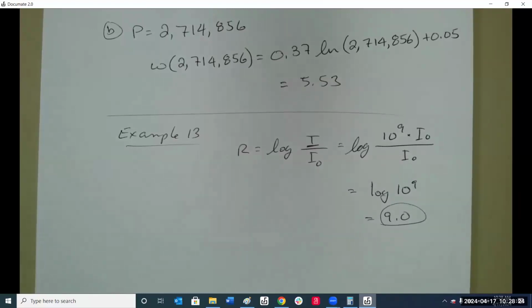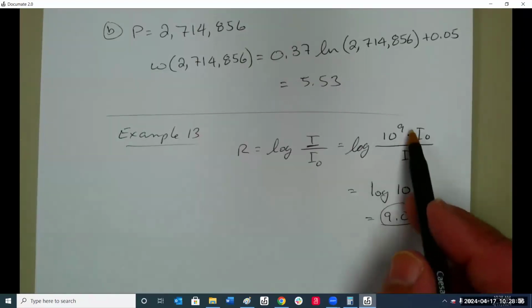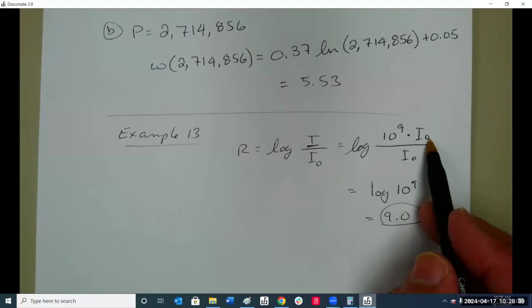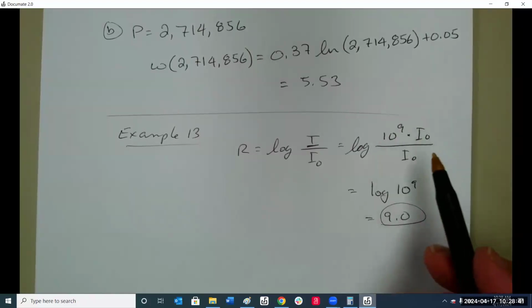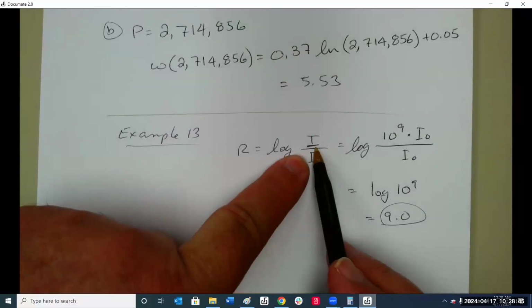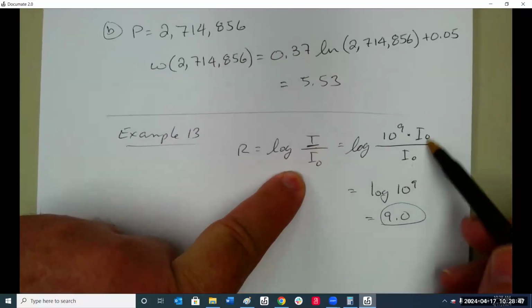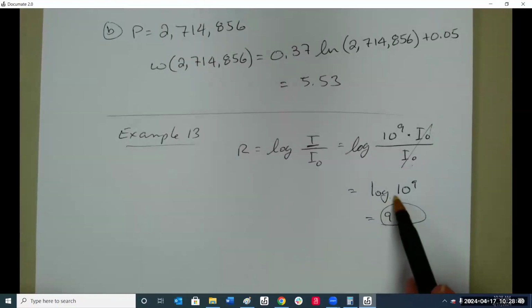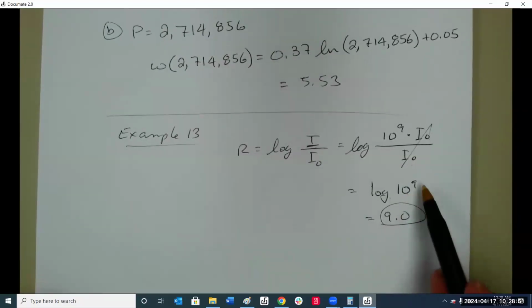It said the undersea Tohoku earthquake and tsunami near the northeast coast of Honshu, Japan on March 11, 2011 had an intensity of 10 to the 9 times I0. That's the intensity of that earthquake. So plug that into the formula, divided by I sub 0, those cancel. So log base 10 of 10 to the 9.